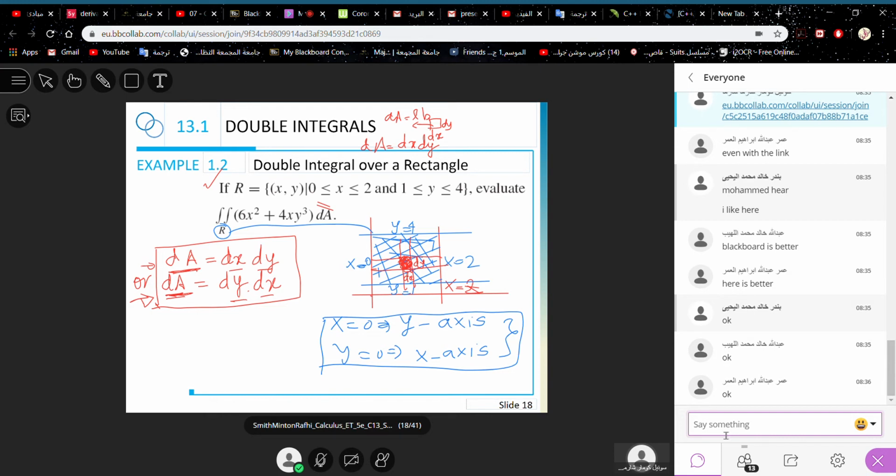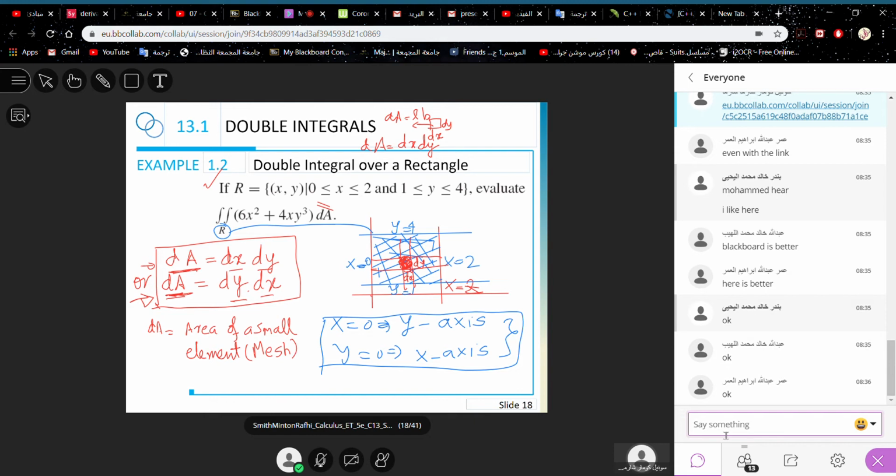So this is the dA. dA means the area of a small element, and we call this mass.